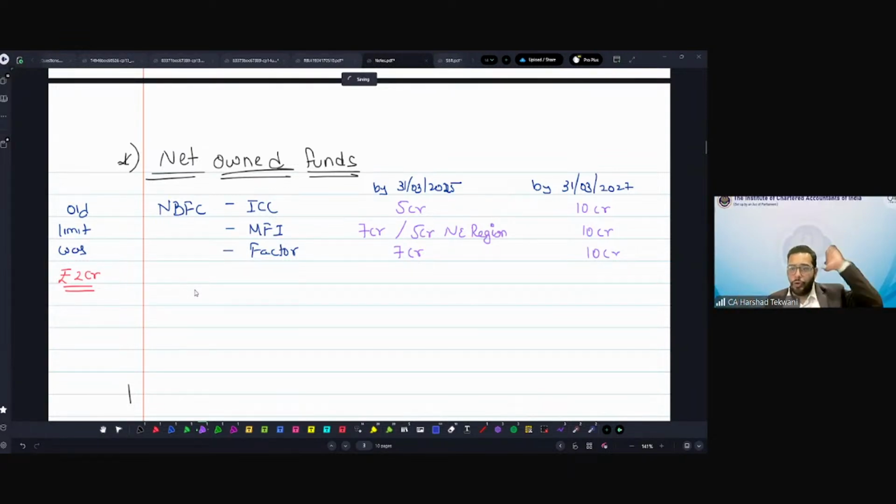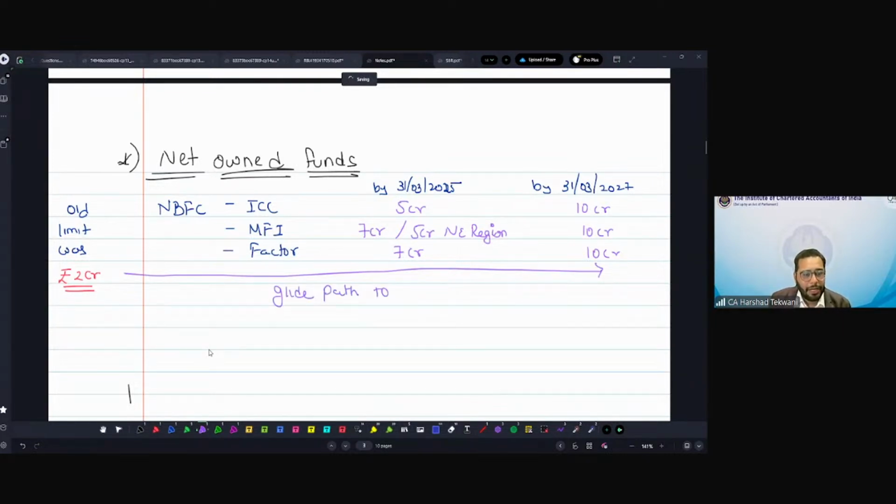Not directly; RBI did not say from tomorrow 10 CR directly, done. They increased gradually, and this particular path from 2 CR to 7 and 10 CR is ultimately known as a glide path. Glide path to 10 CR, or glide path of NOF, net owned funds. So this is the glide path, that how you need to increase your net owned funds.